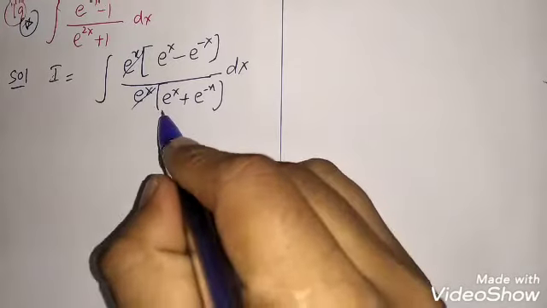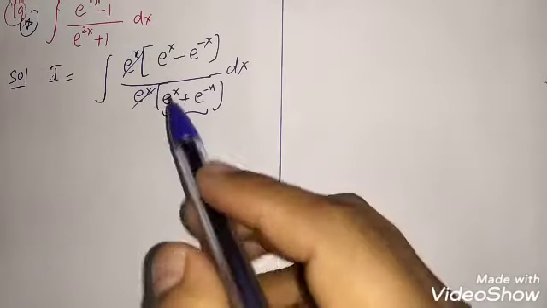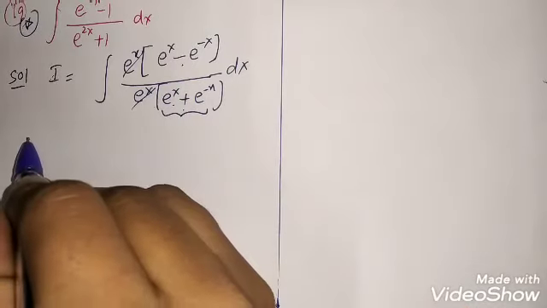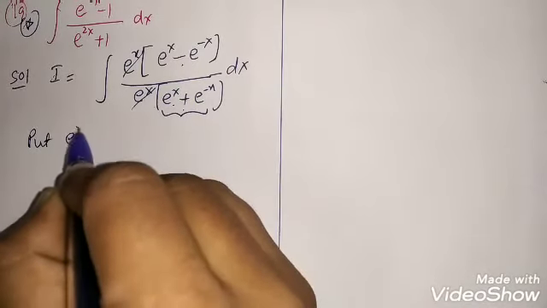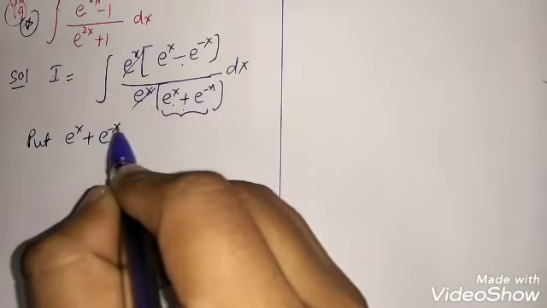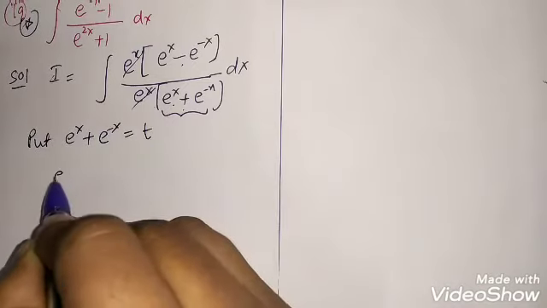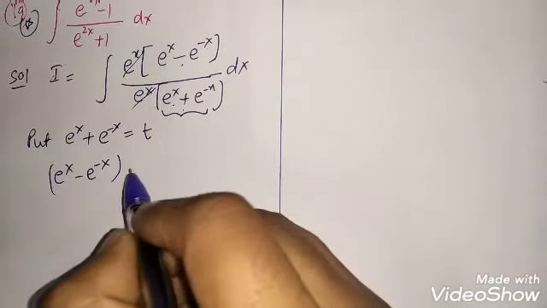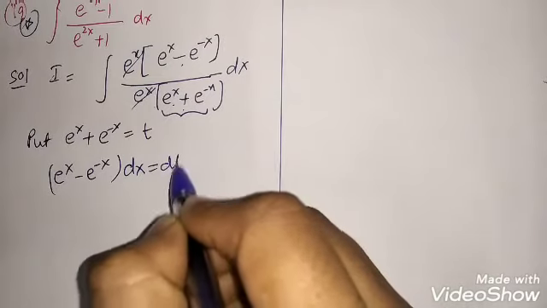See, now we have the thing that the derivative of the denominator is basically the numerator. Then we can substitute. Put e to the power x plus e to the power minus x to be t. Differentiation of it is e to the power x minus e to the power minus x, dx is equal to dt.